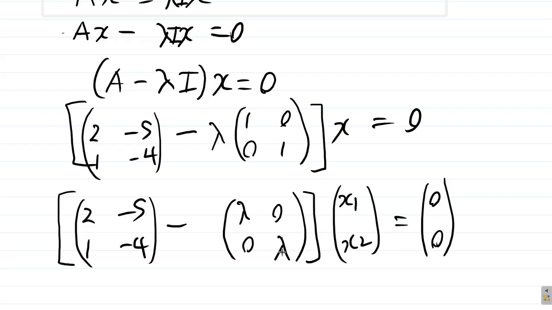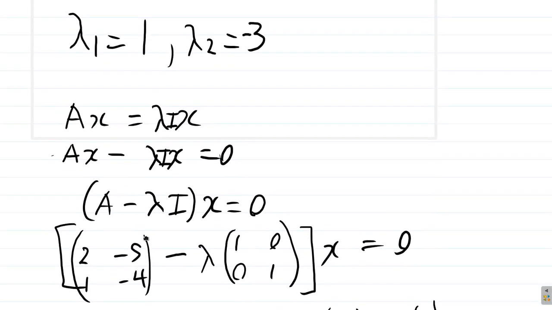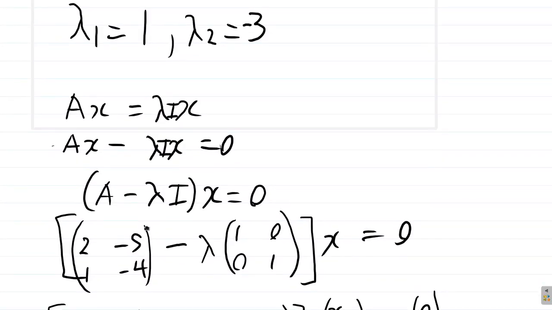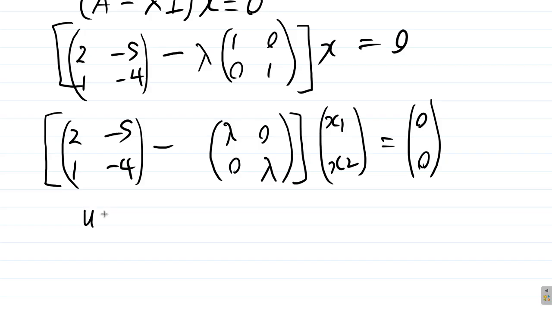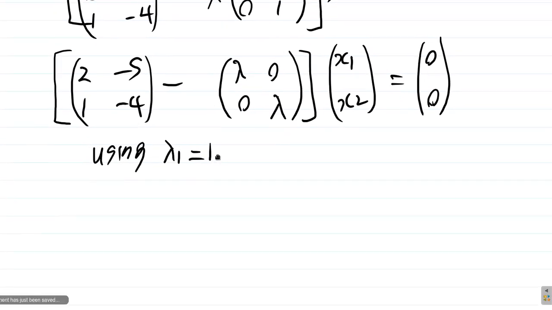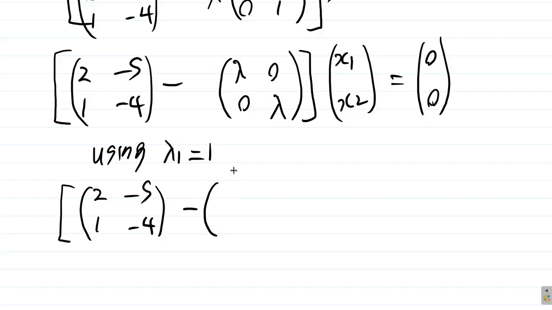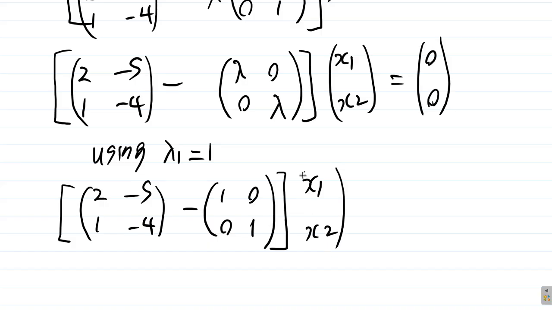Now, when you consider that there are two lambdas, using lambda 1 equals 1, the first eigenvalue that we found, we have 2, -5, 1, -4, minus 1, 0, 0, 1, times the eigenvector, whatever it's going to become, x1, x2, equals 0, 0. And you're going to work that out, alright?